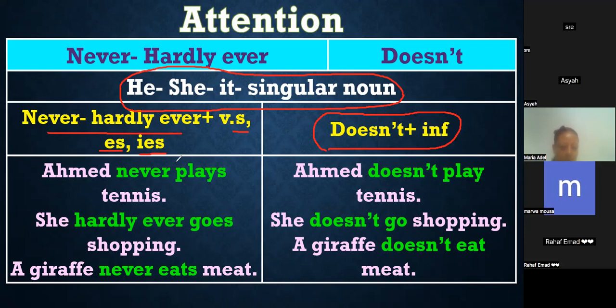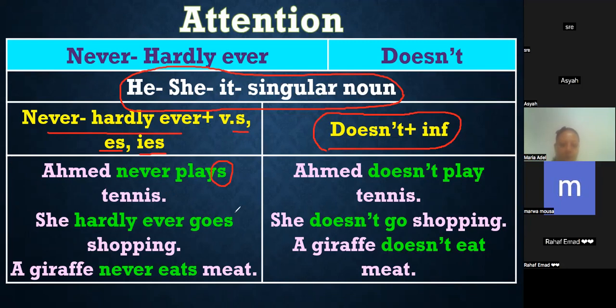Is that clear? We talked about he, she, it, or any singular noun especially. As you see in the examples, Ahmed never plays tennis. As you see, the s stays as it is: never plays.